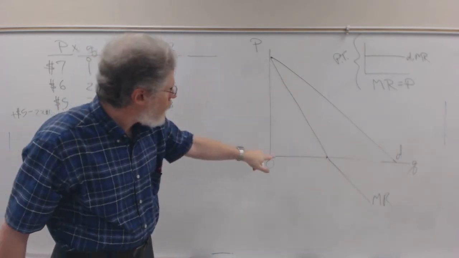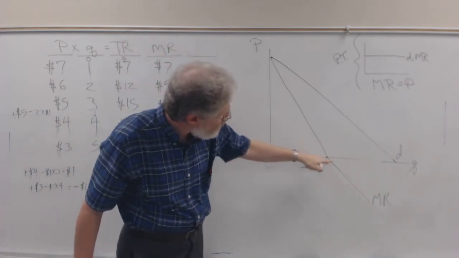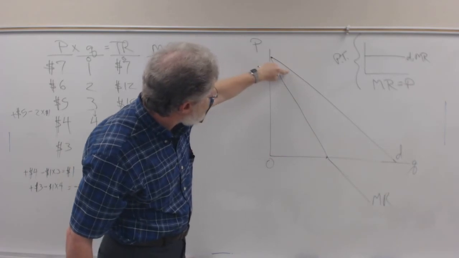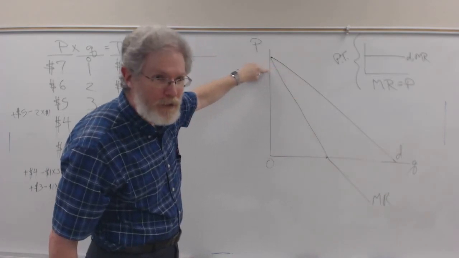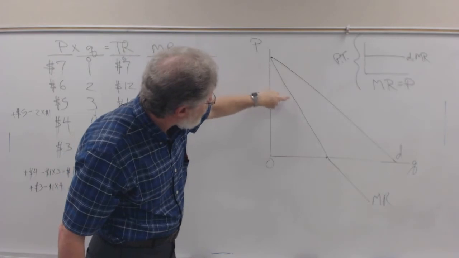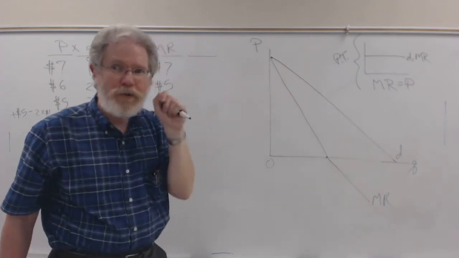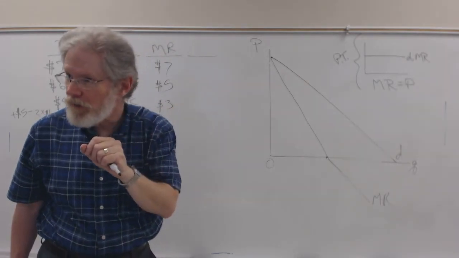Notice no matter what quantity you pick, if you read up to the demand curve, that's going to give you the price that he can charge. And if you read up to the marginal revenue curve, that's going to give you the firm's marginal revenue for that quantity.